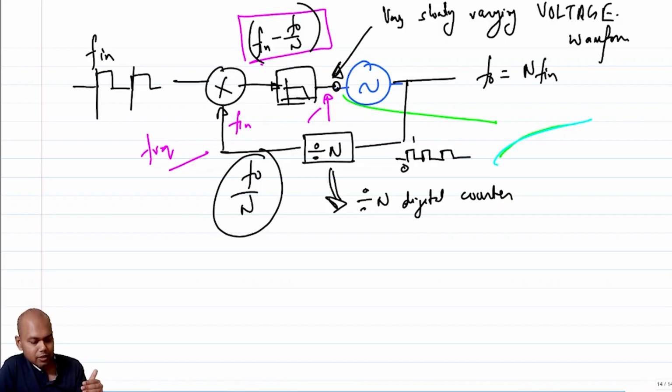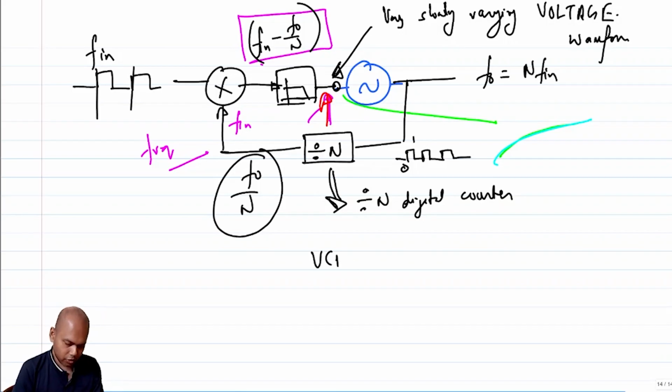The loop stops only when this also becomes F_in, because when this becomes F_in, the error voltage becomes DC. If the error voltage becomes DC, this voltage stops ramping up or ramping down, which means your VCO stops. The V control does not go up or go down. V control only settles to a steady voltage, right?